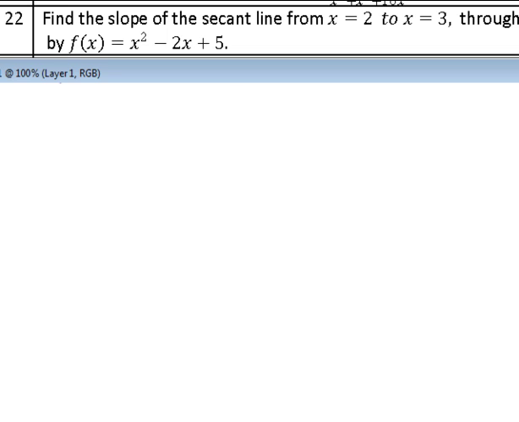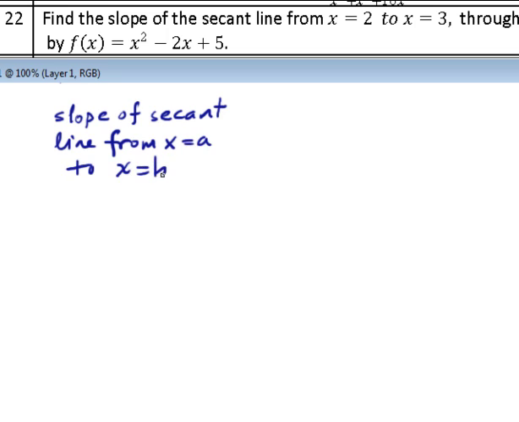In number 22, we want to find the slope of the secant line from x equals 2 to x equals 3 through the curve determined by f of x equals x squared minus 2x plus 5. All right, so let's remember the formula for the slope of a secant line from, let's say, x equal a to x equal b.